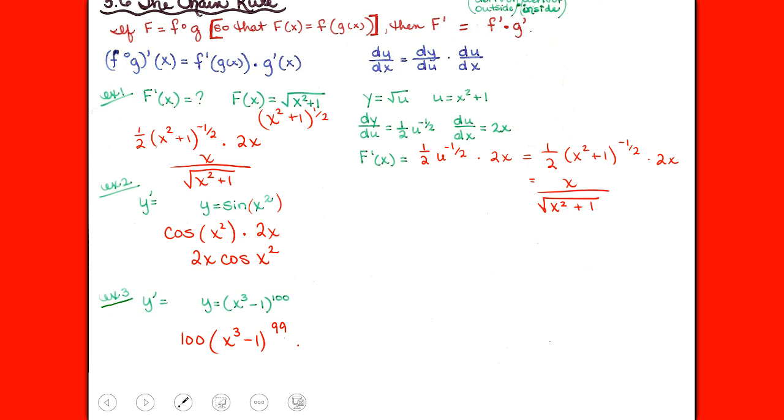So that's the derivative of my outside function. Now I want the derivative of my inside function. So the derivative of x cubed minus 1 would be 3x squared. And I'm done. I just need to simplify. So I could take the 100 times the 3 and get 300x squared. And of course I'm not multiplying out my power to the 99th.